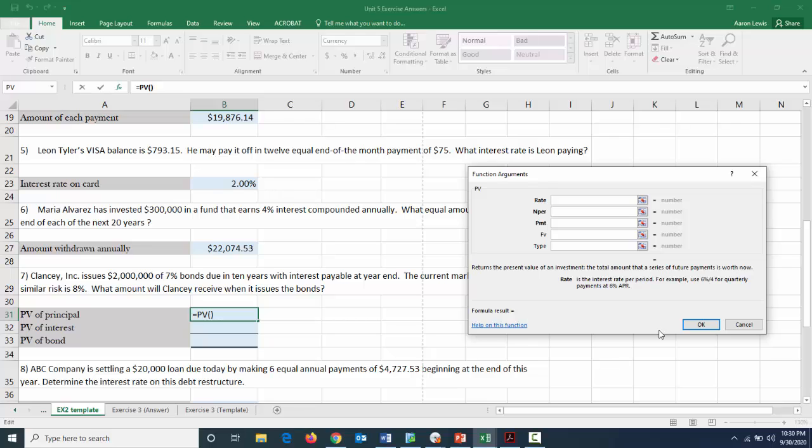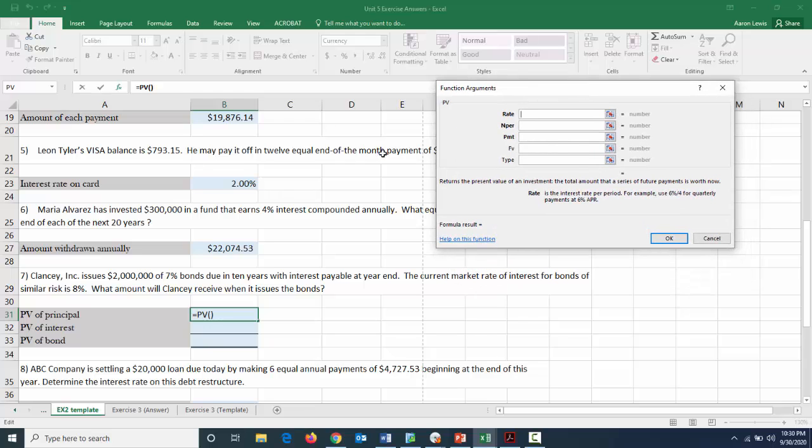What are our inputs here? Well, 8% is the current market rate, and we're going to discount at the current market rate, so 8%. The number of periods, the number of years until that $2 million is due is 10 years. There is no payments because it's just the one big large repayment of principal.